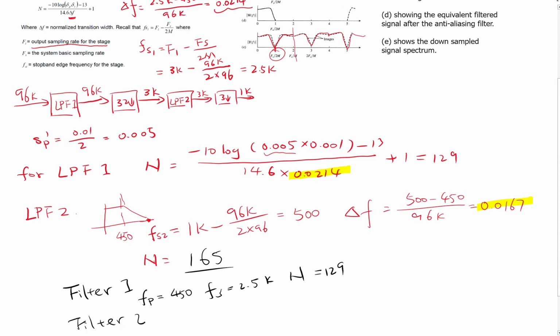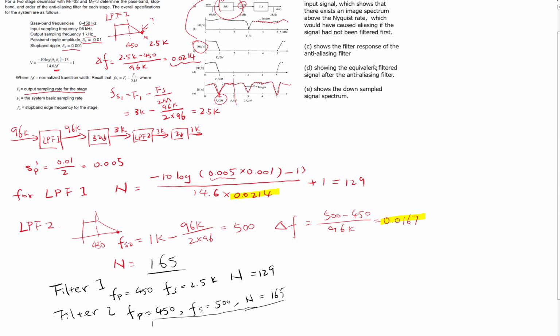For filter number 2, the passband is the same 450, the stopband is only 500, and the order is 165. It makes sense, right? It's a sharp transition, so you need a higher order. That's this question. We shrank it a little bit so you can see all the steps.